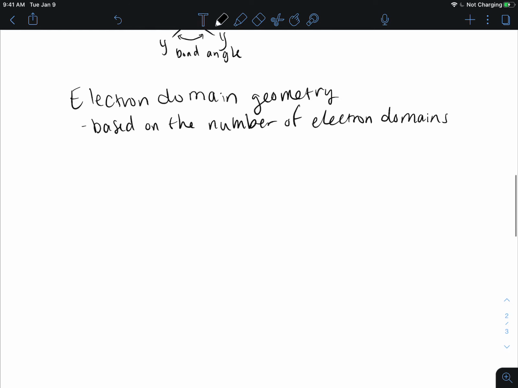Okay, so we are going to start with an AB2 geometry, where A is our central atom and B are our electron domains.